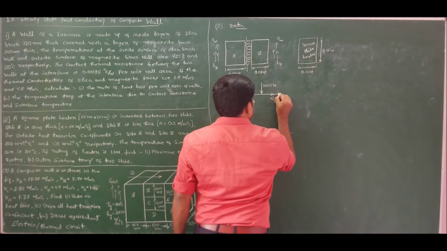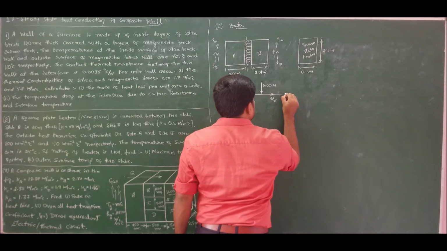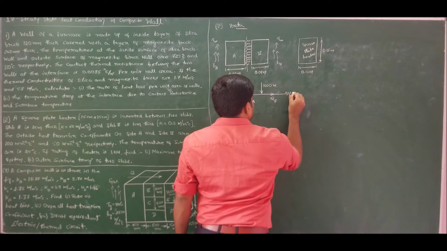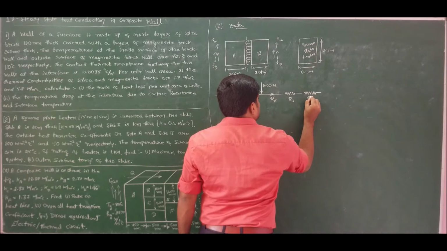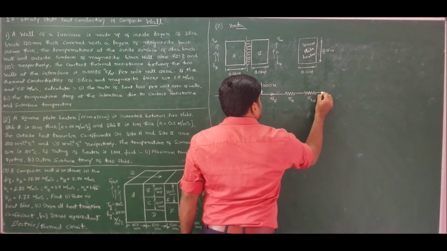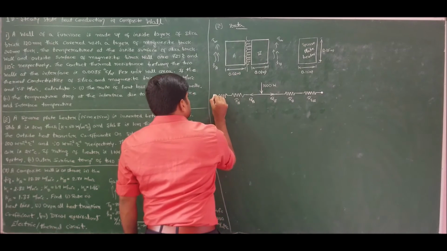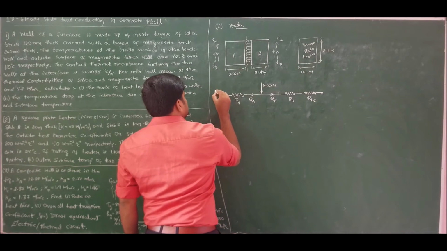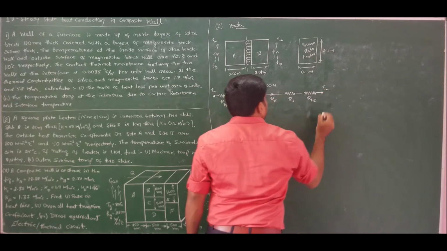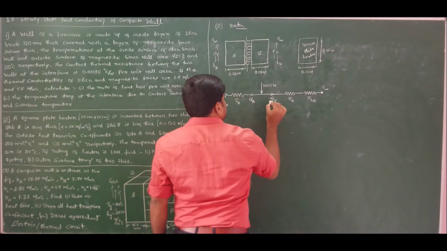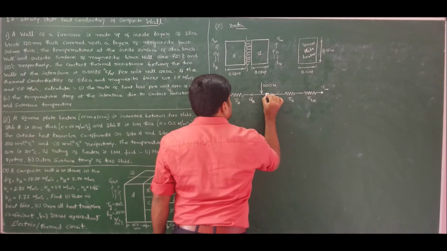On this side also we have the resistance due to conduction of the slab, that is RB, and also the convection resistance to the atmosphere, let us take it as RHB. The ambient temperature remains the same, that is T infinity on both sides, whereas here the temperature is the same.